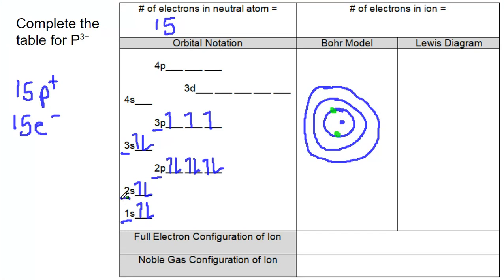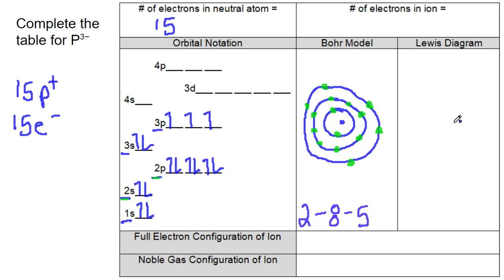On the second energy level, 2s and 2p, there are a total of 8 electrons. And on the third energy level, there are a total of 5 electrons. Okay, if we were to do the configuration based on the Bohr model, in the first energy level, there are 2 electrons. In the second energy level, there are 8 electrons. In the third energy level, there are 5 electrons.